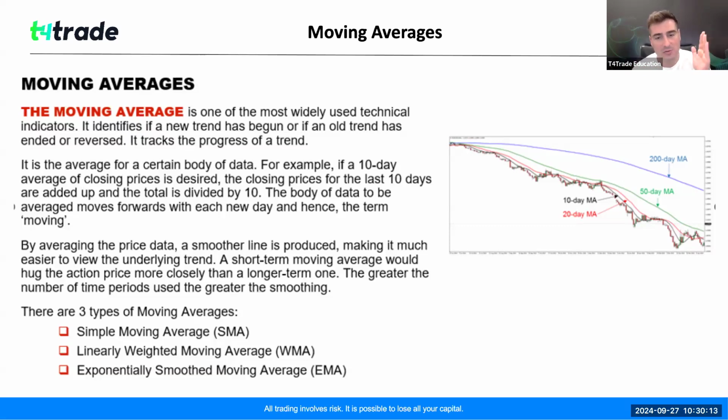So you have 1, 2, 3, 4, 5, 6, 7, 8, 9, and 10 days. It places much more emphasis on, let's just say, the last 4 or 5 days, whatever that is. And it places much more weight or importance on the most recent past day, for example, yesterday or the day before that.